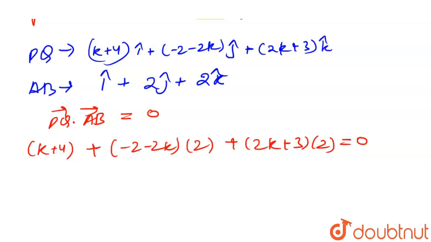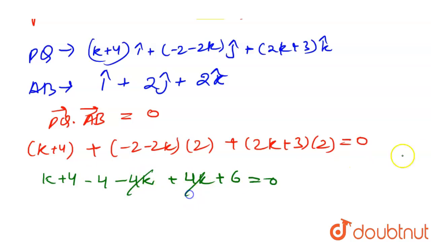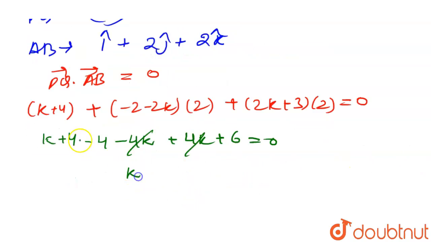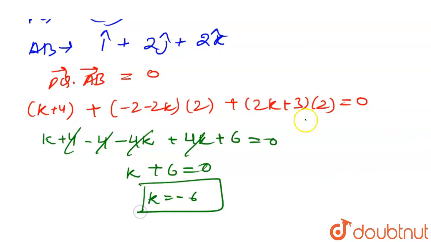Now after simplifying, this gives us k + 4 - 4 - 4k + 4k + 6 = 0. These terms will cancel out. We will be left with k + 6 = 0. That means k will be equal to -6.